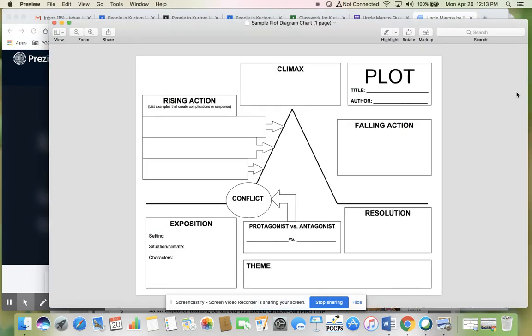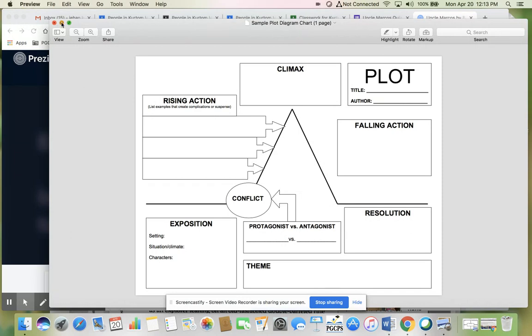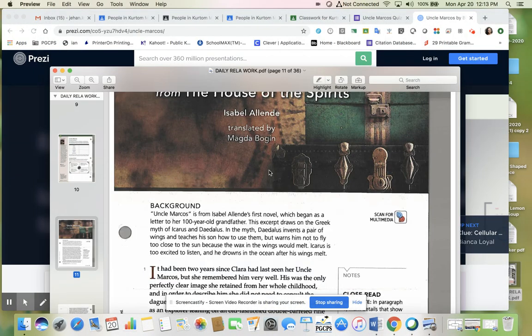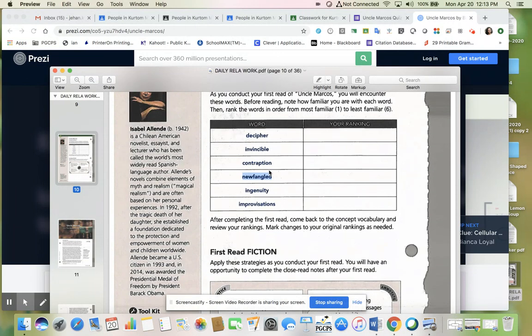Before I move on, as we were saying before, vocabulary, ladies and gentlemen, is a really big part of this. So, if you don't understand some of the vocabulary words, please stop and go back and look up what they mean. I was telling my classes before that I know all of these words with the exception of newfangled. I had no idea.